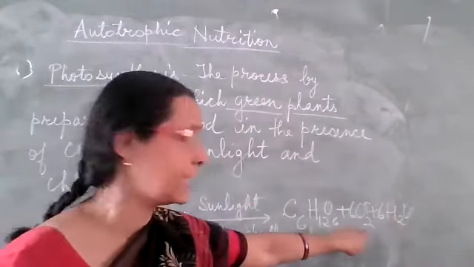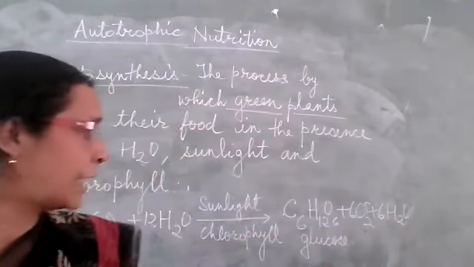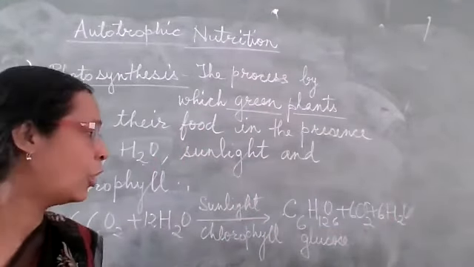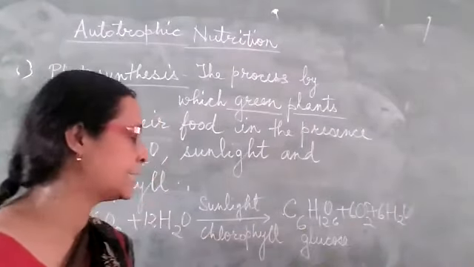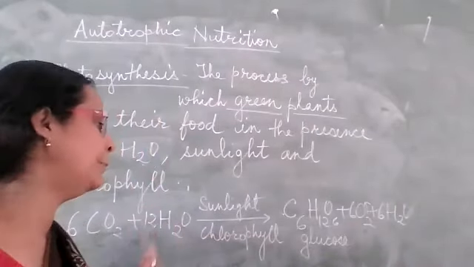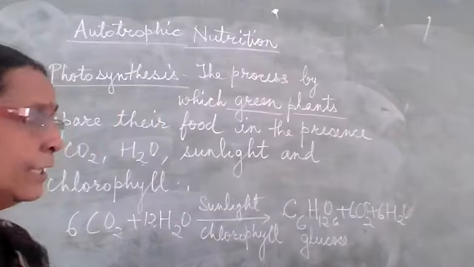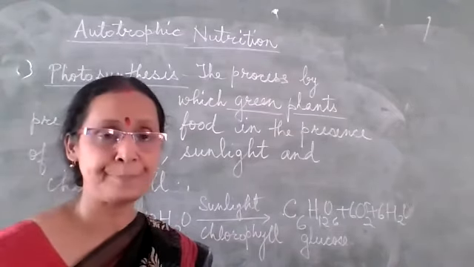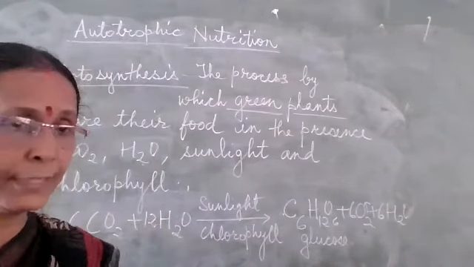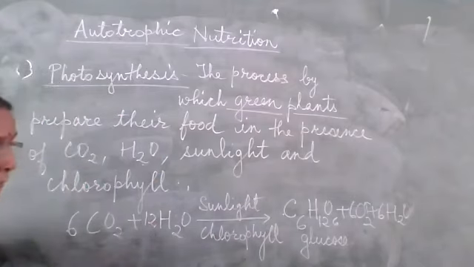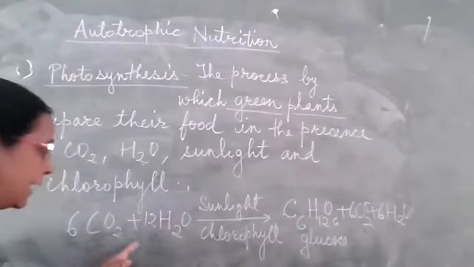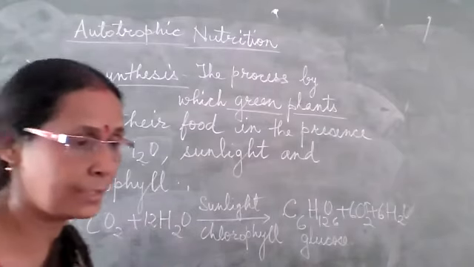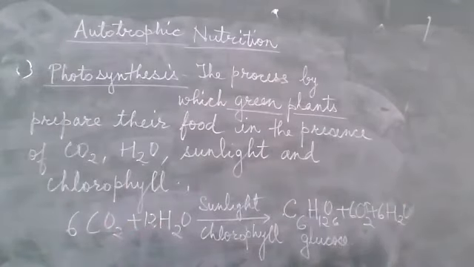So in this way, oxygen is the byproduct. If someone asks what the byproduct is, what will you say? Oxygen. Oxygen is the byproduct of photosynthesis, and when plants photosynthesize, they also release water, right? So this is about the photosynthesis definition and its equation. Now, site of photosynthesis.